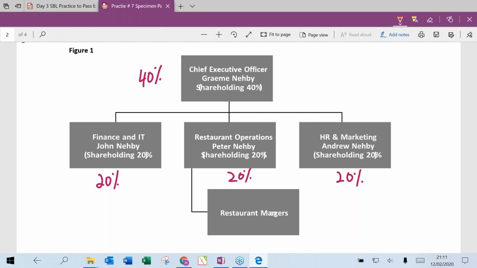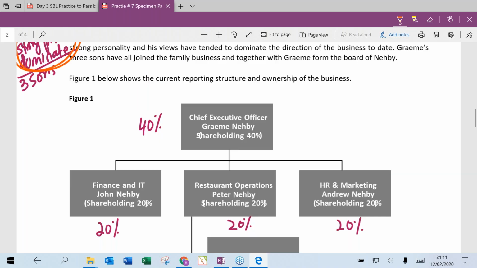You look at the composition of the board, you look at family owned versus NED. Then you look at control systems. In the control systems, we need to say whether the company is cost focused or quality focused. So we read a lot of stuff.